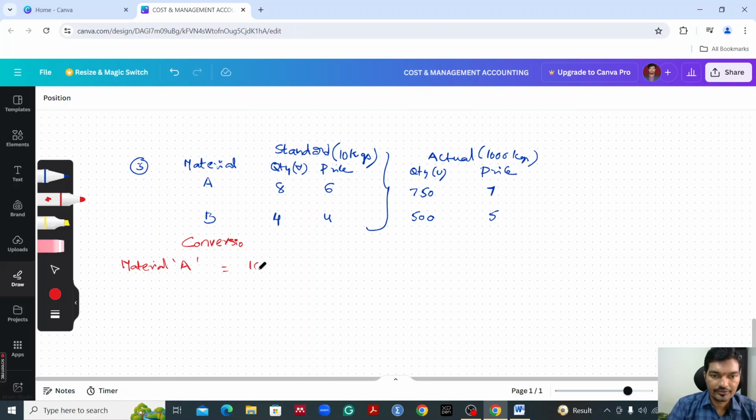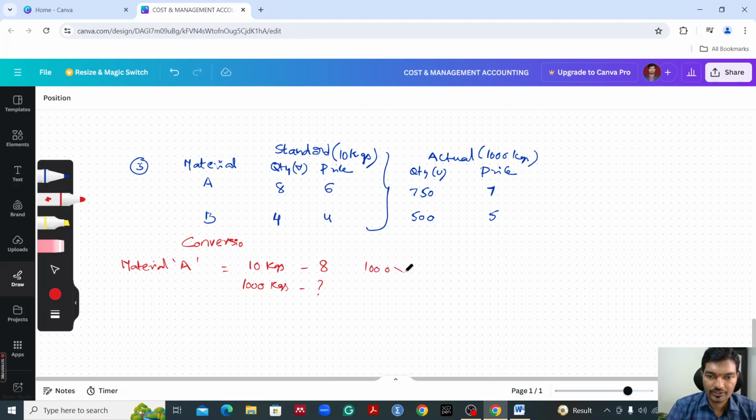For 10 kgs the standard quantity is 8. We need to convert this according to 1000 kgs. For 1000 kgs it is how much?